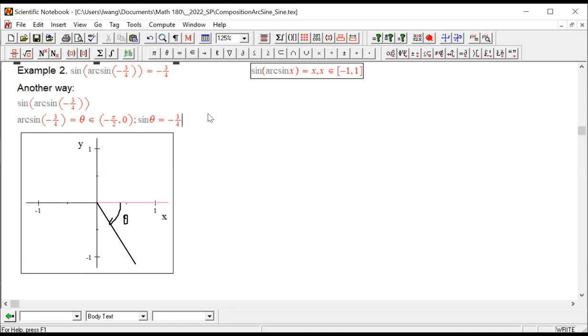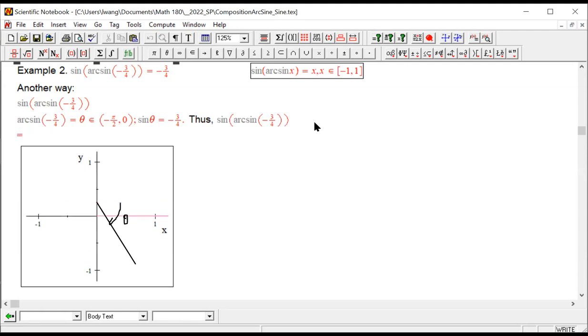Therefore, thus, this piece is equal to, I know this is going to mess us up.